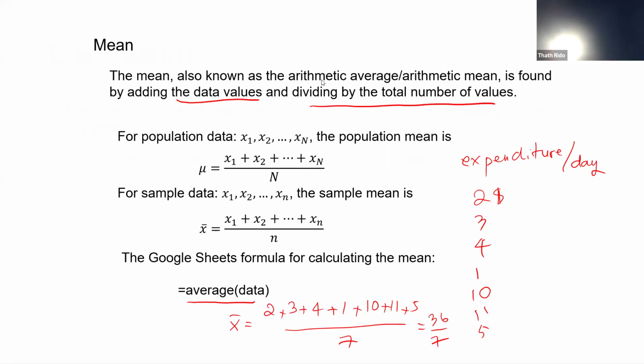Last week, this is the formula for the arithmetic average, or just the mean. Everyone knows the mean; when we talk about the mean, most people will refer to this arithmetic mean. We sum all the values and divide by the total number of values.